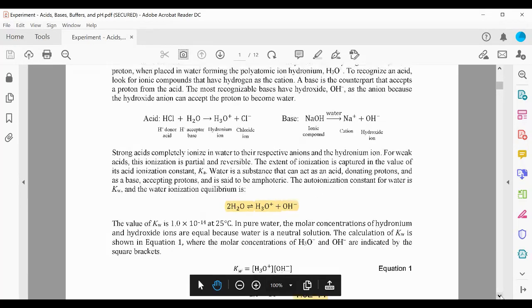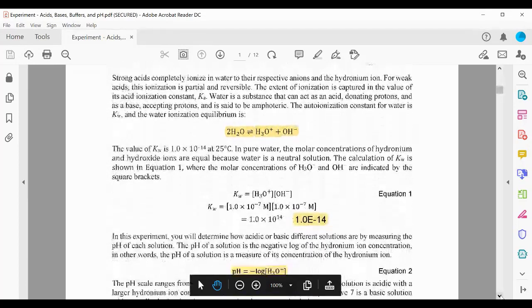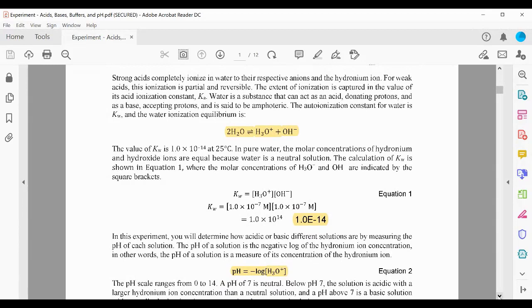So if we continue looking at what they are talking about in this write-up, they are talking about strong acids. Memorize the list of strong acids. Strong acids dissociate completely in water. That is very important.